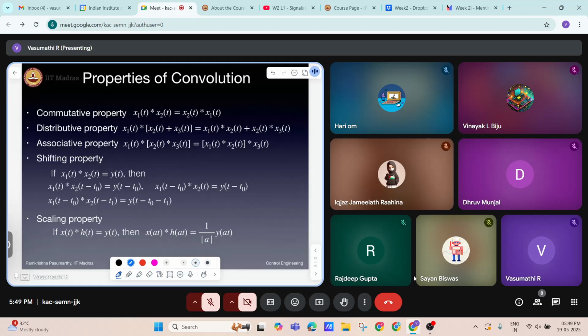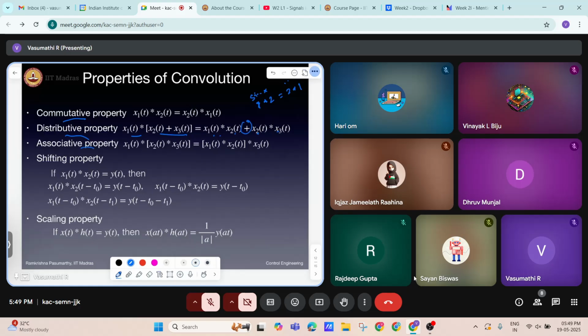Convolution is inherently commutative. Commutative in the sense that if you convolve signal 1 with 2, that will give the same answer as signal 2 with 1. For example, sine into cos and cos into sine will give the same. The distributive property tells us, if you add two signals and multiply with it, or if you multiply the two signals separately and finally add, both will give the same results.